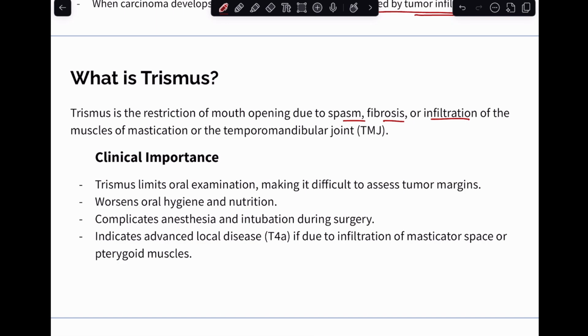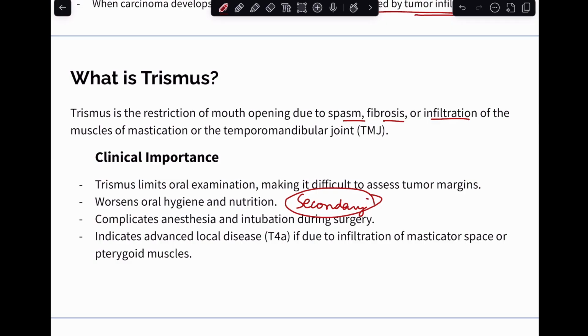And if it is not progressed that much, if they are eating food, maybe they are not able to clean their mouth properly and maintain proper oral hygiene. That will lead to increased chances of secondary infection, and this secondary infection can lead to bleeding from the ulcer. So that is one important feature over here.